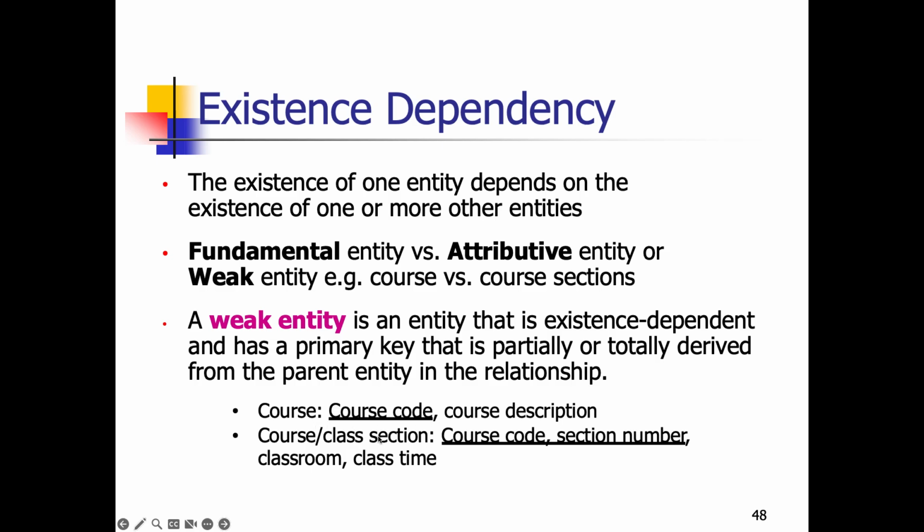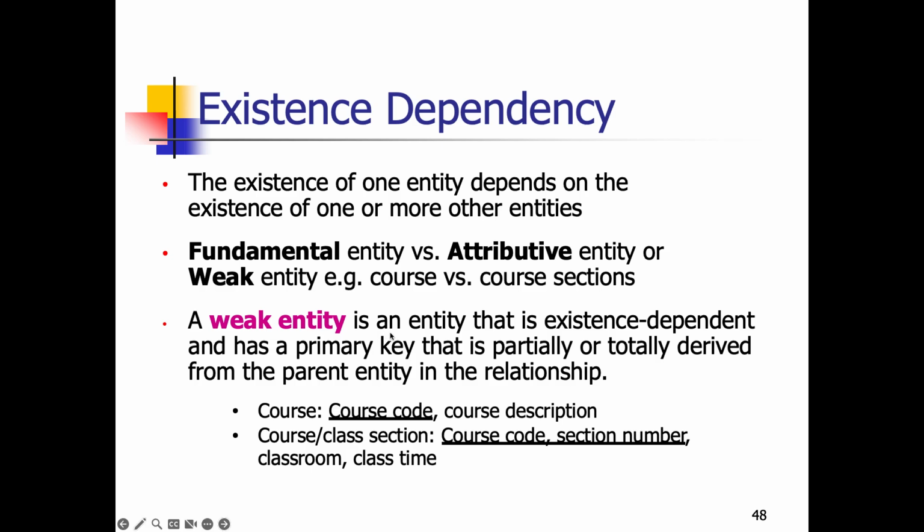So in that case, if you have a table for the course section or for classes, their key is dependent on the course, because the section itself doesn't uniquely identify.